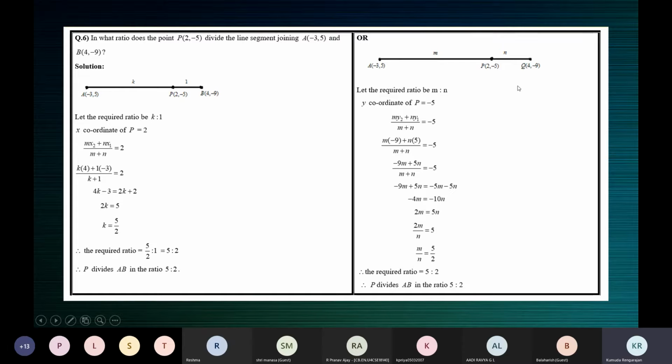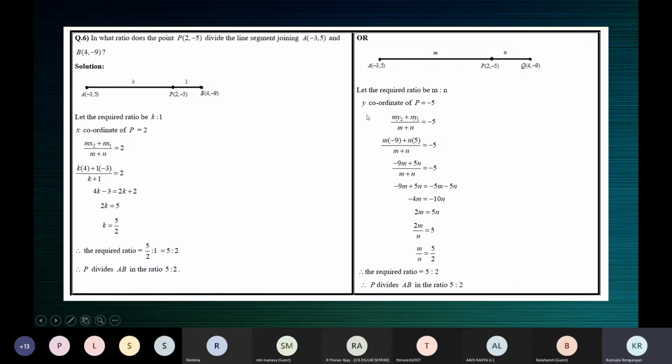The ratio can be found using the x coordinate of the point of division or the y coordinate of the point of division, that is the x coordinate of P, 2, or the y coordinate of P, which is -5. Since I've used the x coordinate of P in this approach, I've used the y coordinate of P here. It's not that if you use the ratio m:1, you must use the y coordinate. You can use 2 or -5, any one of the two.